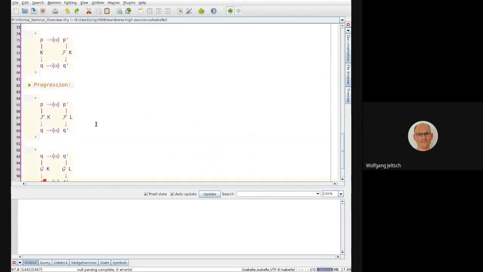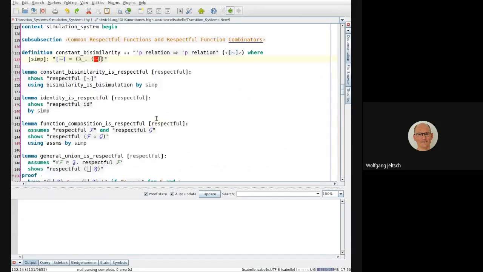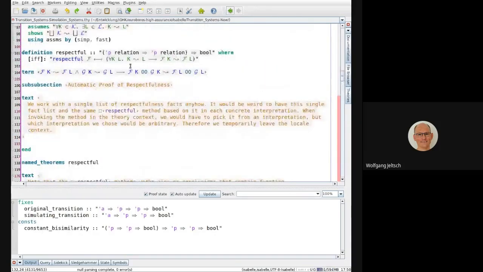So respectfulness would mean that if k progresses to L, then k should progress to, no, this is confusing. No, it's not confusing, actually. I was on the right track. So respectfulness means if k shortcut progresses to L, then f of k shortcut progresses to f of L. This is this here.